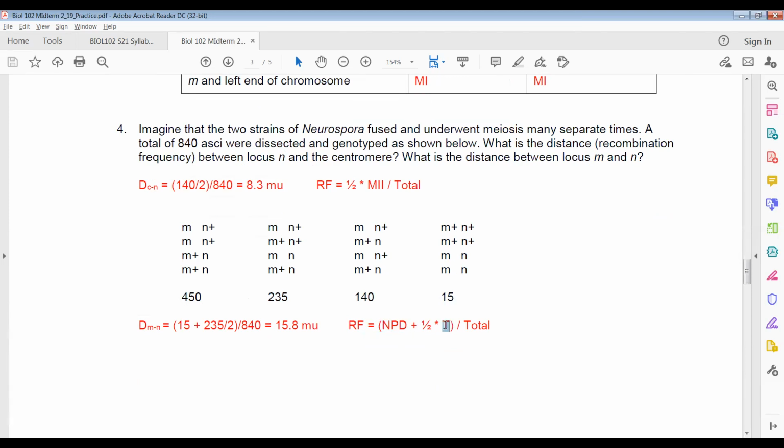Okay, but if you look at the tetratype, only half of them represent a crossover occurring. So that's why you multiply the number of spores of the tetratype by 1/2, and then you add up these two numbers and divide this number by the total number of the spores. This will give you the genetic map distance between these two genes.